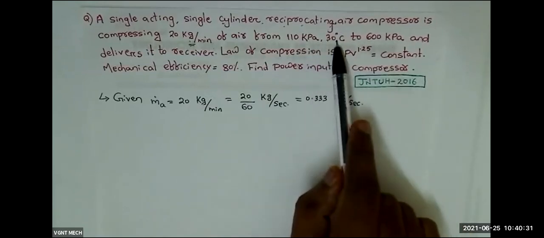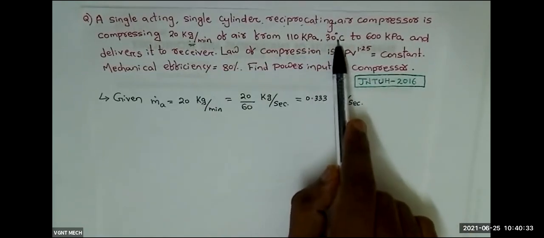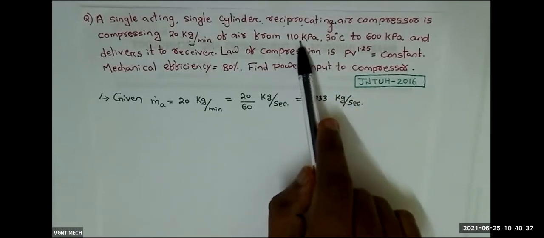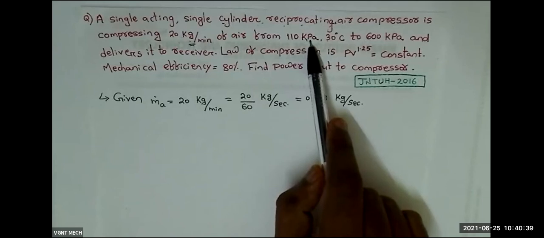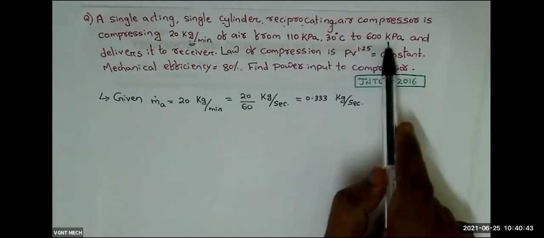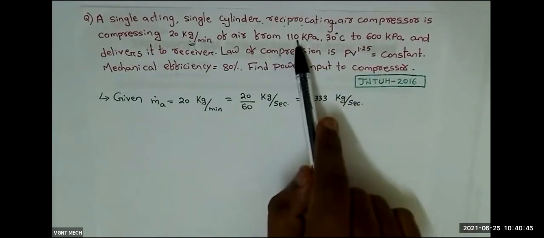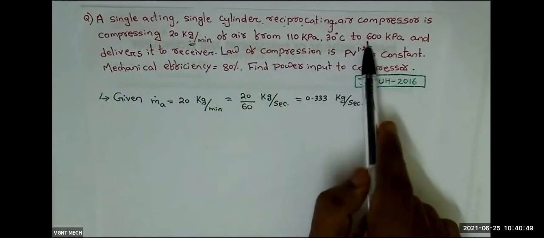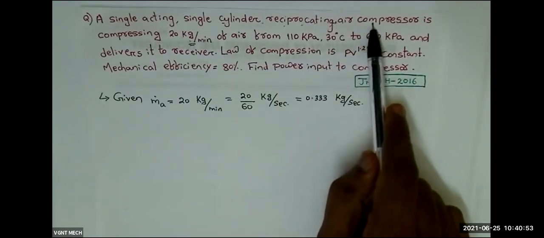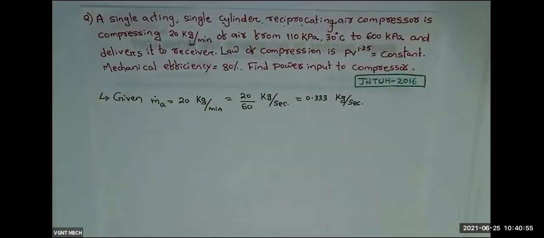This means the initial temperature of air is 30 degrees, and the initial pressure of air is 110 kilopascal. From this pressure, it is compressing to 600 kilopascal. Can you see here the pressure is increasing from 110 kilopascal to 600 kilopascal. If pressure is increasing, this means it is compressing the air.